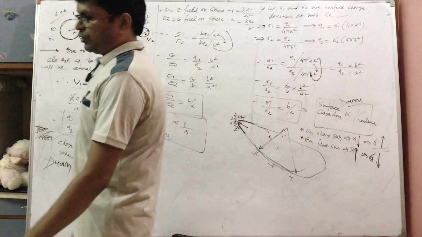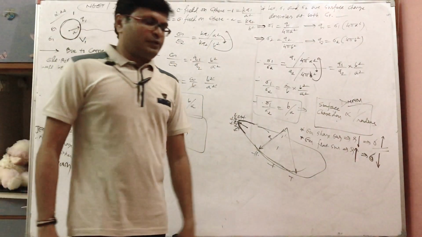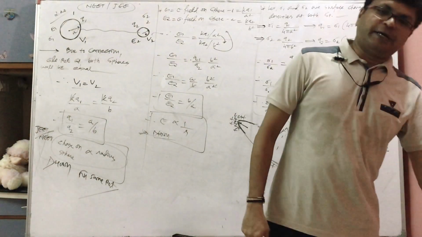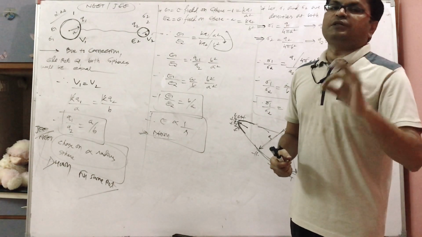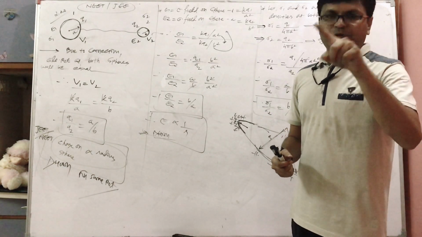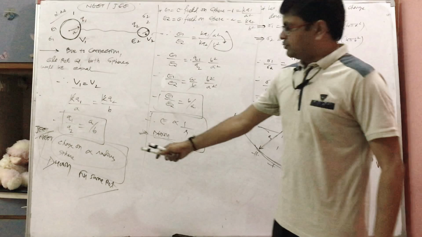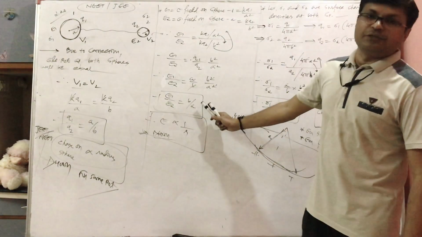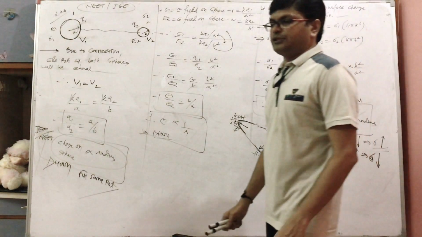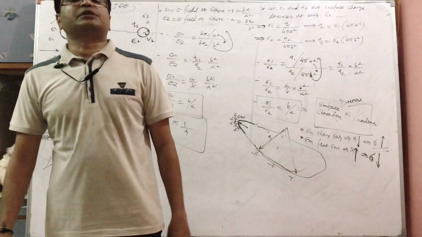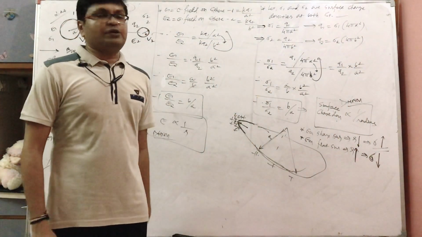Number two, potential becomes equal, then 3 points are very important. For two charged spheres, if potentials are the same, then number one, charge on the sphere is directly proportional to the radius of the sphere. Number two, electric field is inversely proportional to the radius. And surface charge density, very important, surface charge density is inversely proportional to the radius. Very important point.